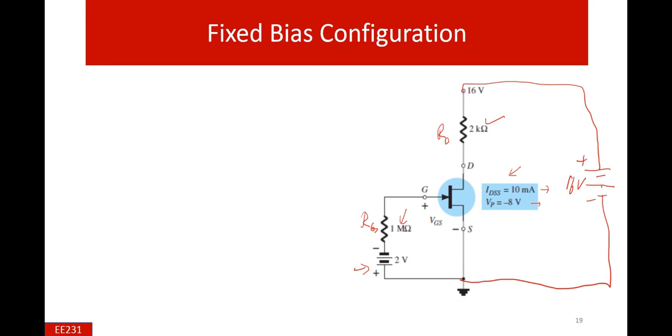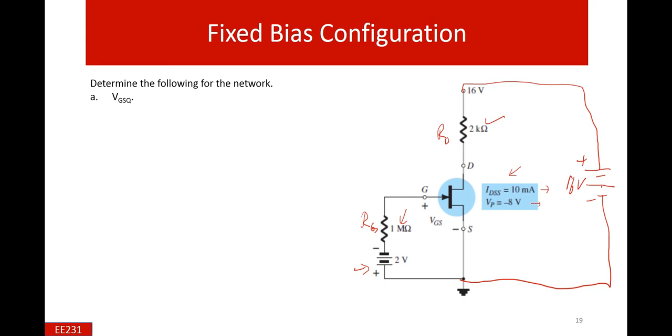So we want to find the value of VGS at the given situation, which is the operating point. It means we are talking about the Q point. When we use the given values of the circuit, we are operating the device at some Q point.